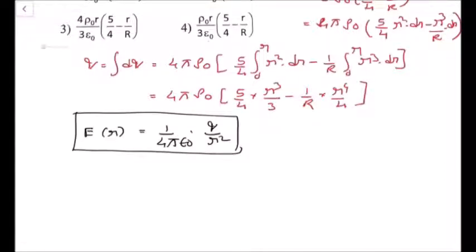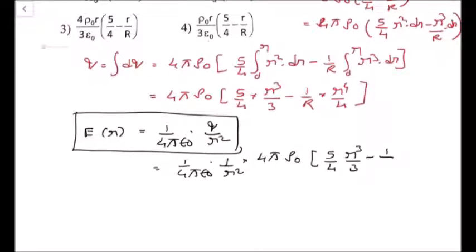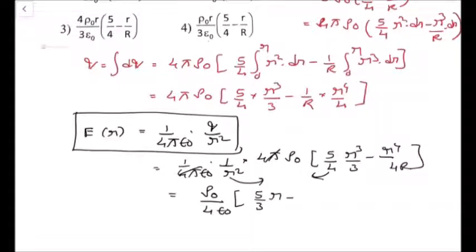So that is equal to 1 by 4 pi epsilon naught, 1 by r square, where q is what we just determined, that is 4 pi rho naught into 5 by 4 r cube by 3 minus r power 4 by 4 into capital R. So that is equal to, here 4 pi cancel, rho naught by, here 4 also taken outside, 4 epsilon naught, and r square is taken inside and simplified, you will get 5 by 3 r cube by r square, nothing but r, minus r square by capital R.